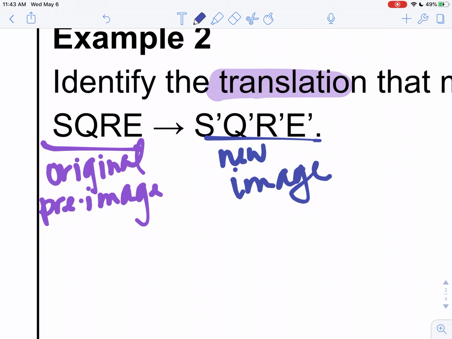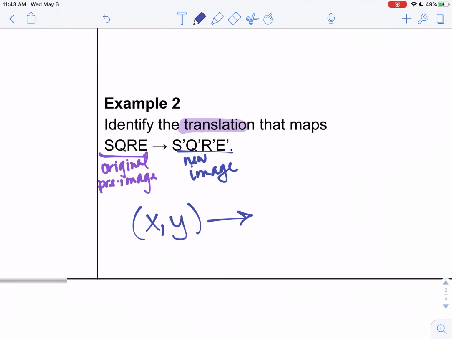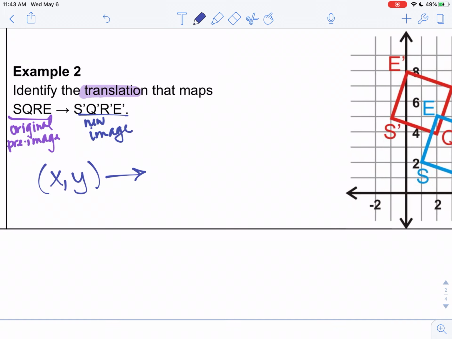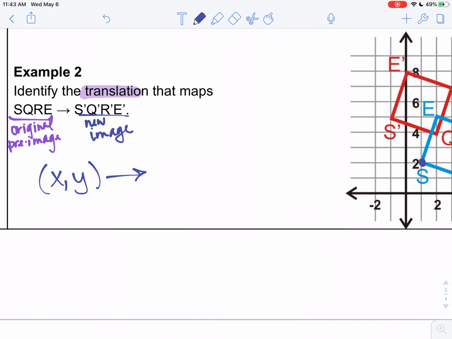So we need to think about how we get from (x, y) to the new version. All right, so we pick some coordinates. I'm going to look at these S and S primes. You can pick any pair that you would like as long as they match up. To get from S to S prime, I move left 2 units and I move up 3 units.